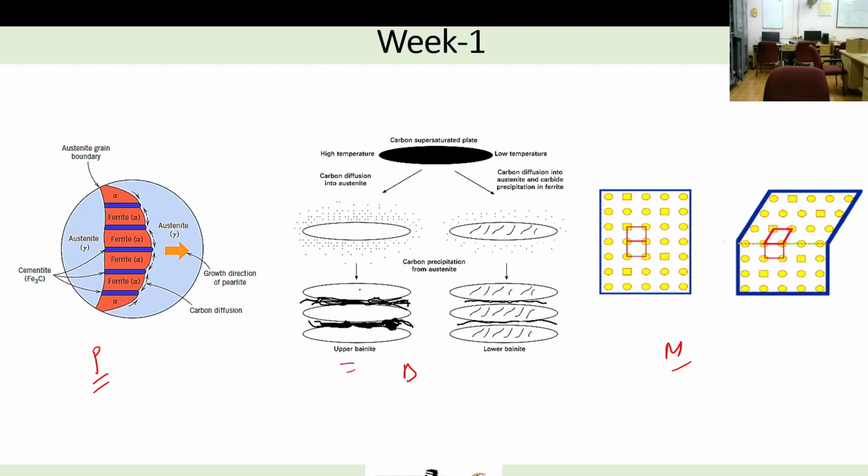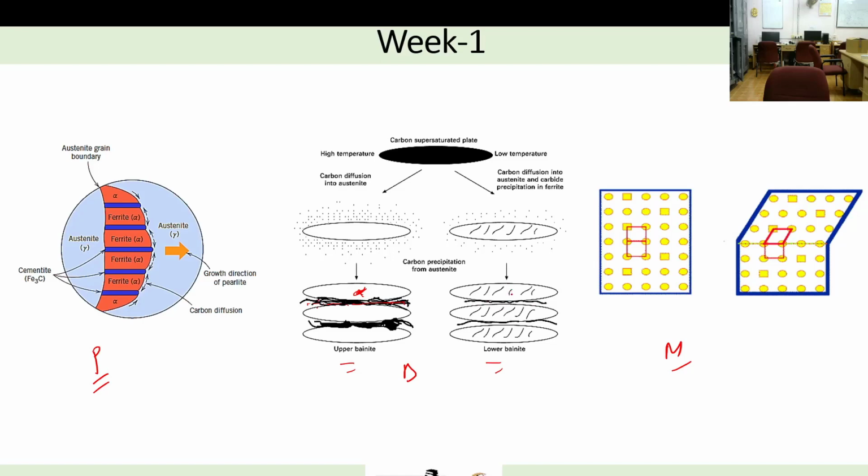So here you can see we have this ferrite lens, and in between these two ferrite phases we have cementite, that is carbide, trapped between these two ferrite phases. And in the lower bainite, since the cooling rate is very fast, your carbon is not getting that much time to diffuse outside of this ferritic boundary. So inside also some ferrite is forming, cementite is forming, and a little bit of cementite in between these two ferrite.